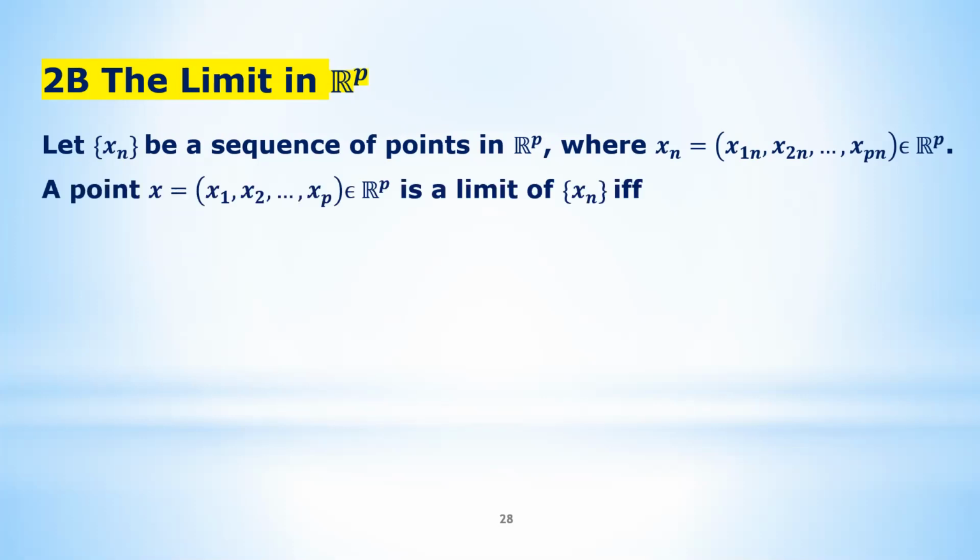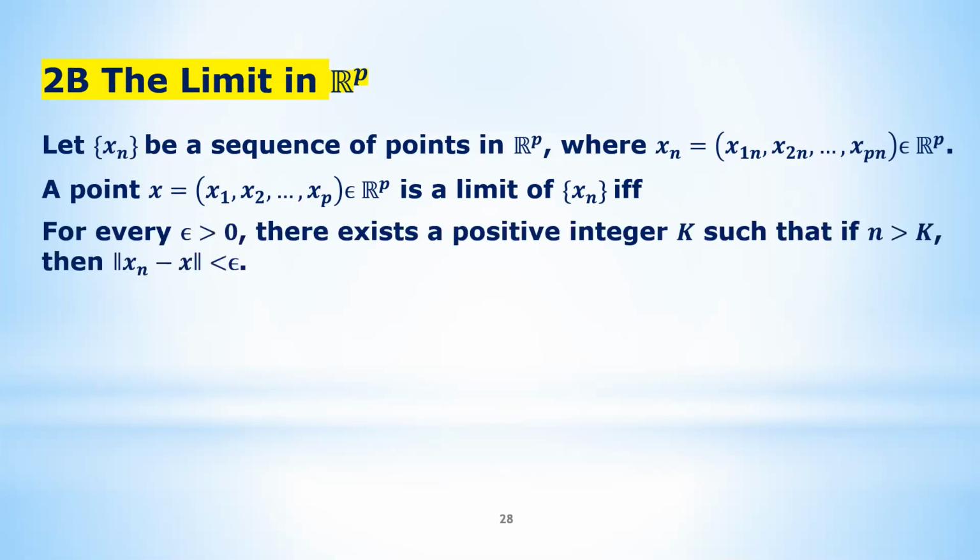And then you can use the same way to define the limits. Now, suppose you have a point x, another point not involved with the sequence. What should we say for x to be a limit of this sequence of points? It means the same definition, except that in the last inequality you use the distance formula to replace the absolute value sign.